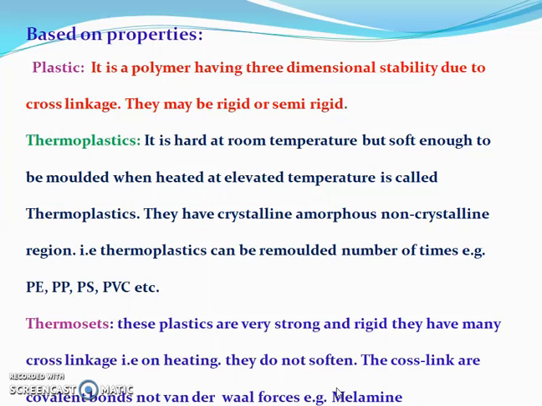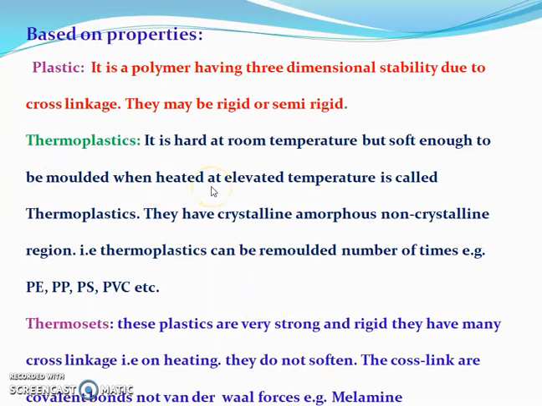They may be rigid or semi-rigid materials. Plastics are classified into two types according to their physical properties: first thermoplastics, and next thermosetting plastics or thermosets.